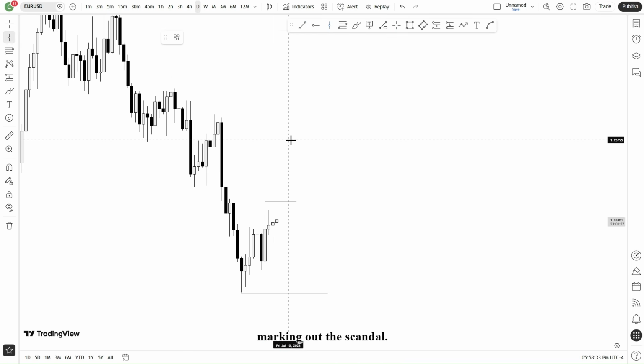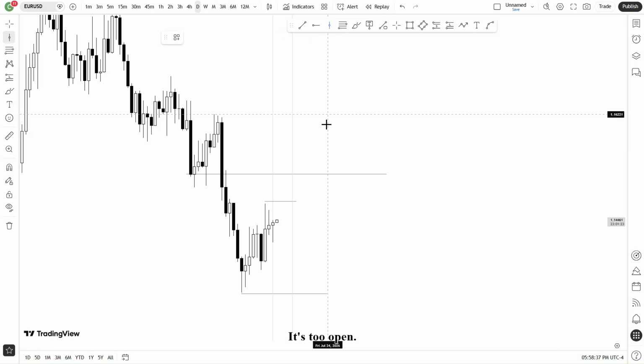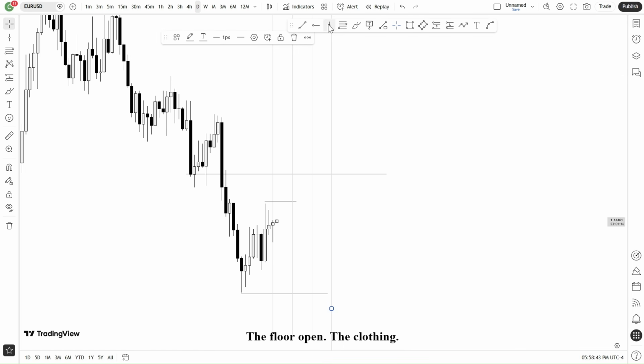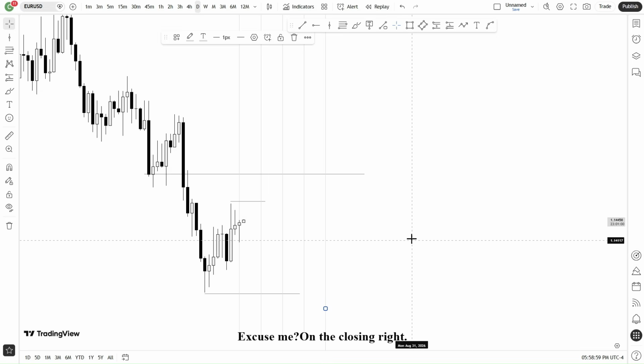So marking out this candle, week two open, week three open, week four open, and the closing.